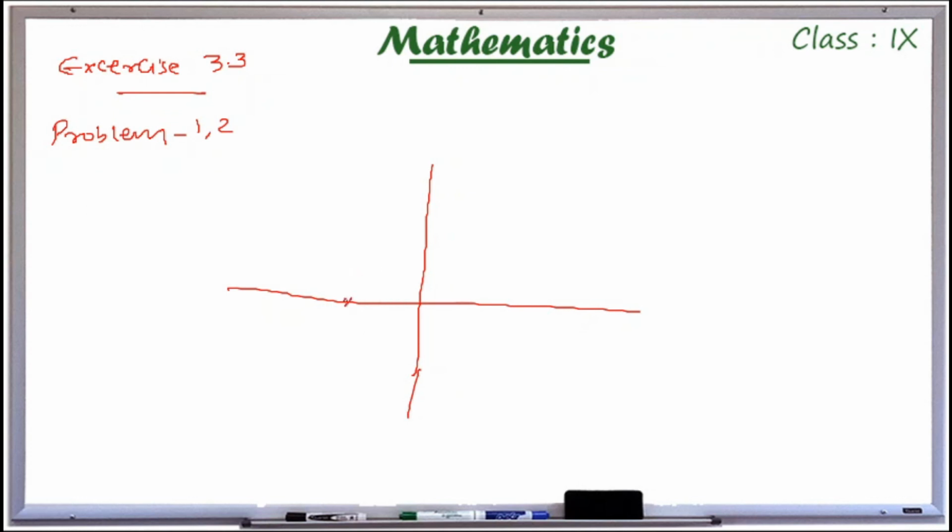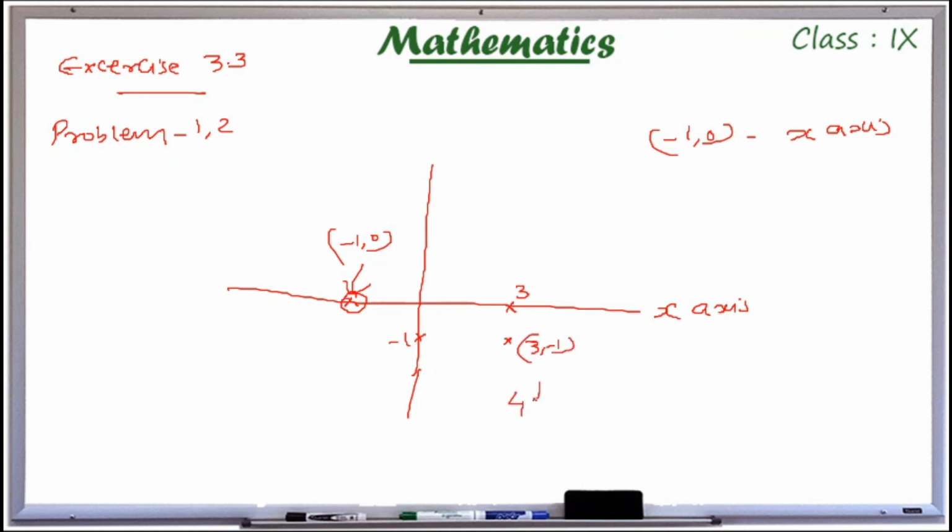So minus 1 comma 0 is this point, and for minus 1 comma 0 you have to write that the point lies on the x-axis. And consider another example, 3 comma minus 1. The 3 is the x value and minus 1 is the y value. This is the point 3 comma minus 1. So it lies in the fourth quadrant.